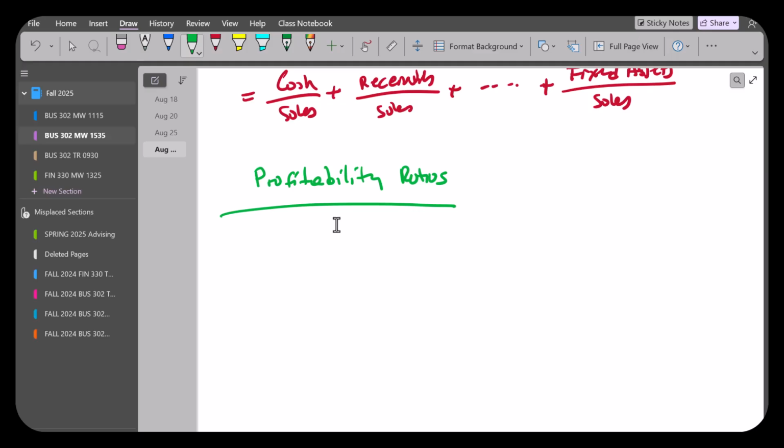The first one we're going to look at is profit margin, which we abbreviate as PM, and that's net income divided by sales. So from each dollar of sales we make, how much money do we have left after we paid for everything, including taxes and other stuff.